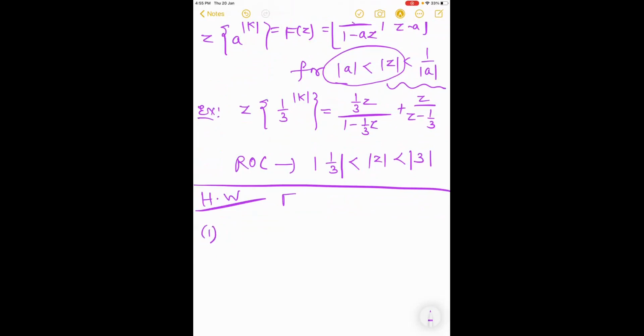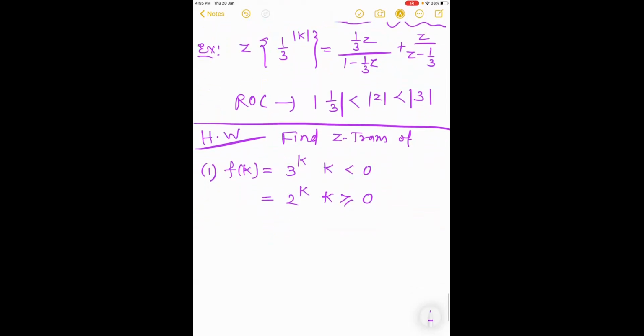Find Z transform of f(k). First one, f(k) is equal to 3^k for k less than 0 and 2^k for k greater than or equal to 0.